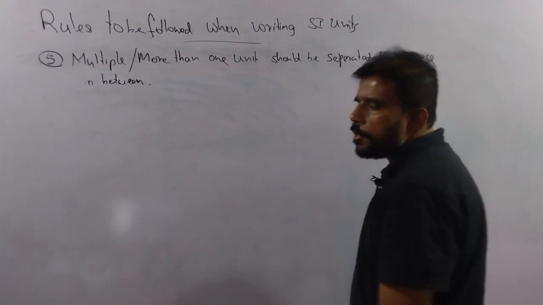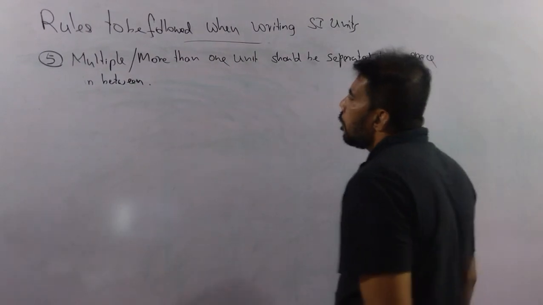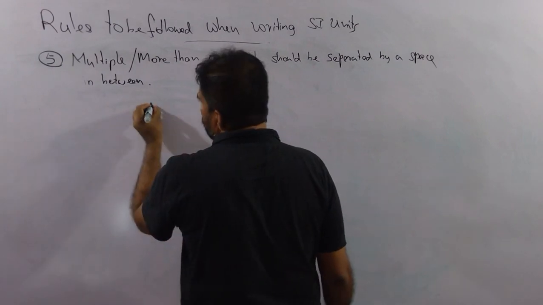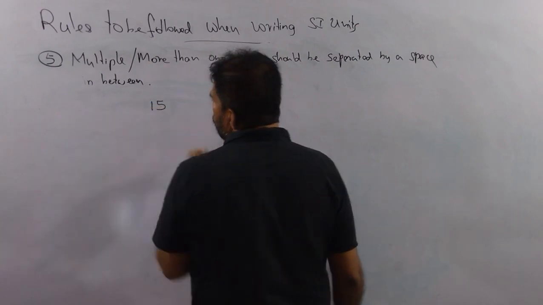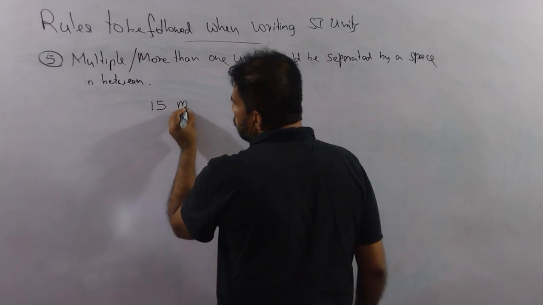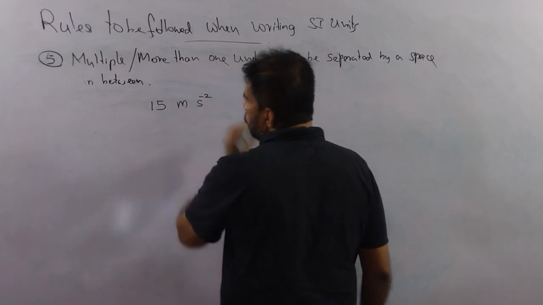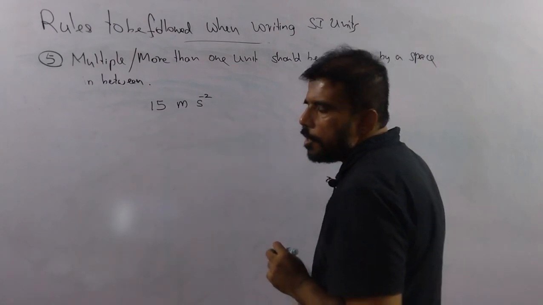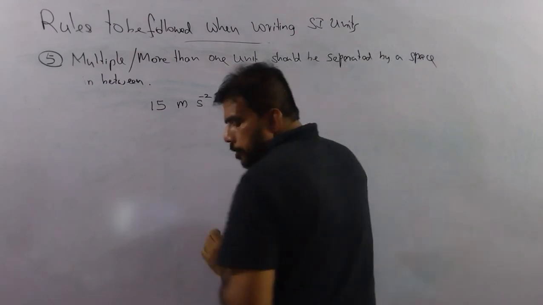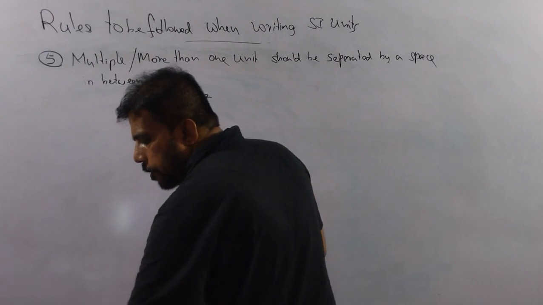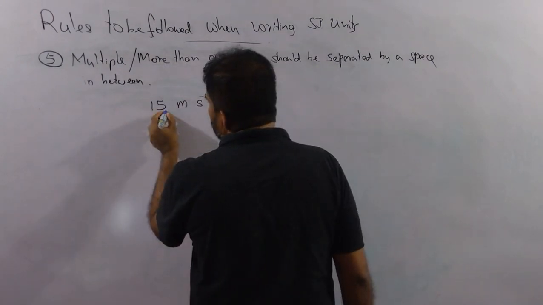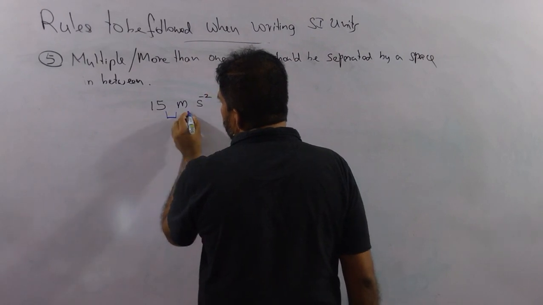What this is saying is, for example, my acceleration is 15 meters per second square. Here, yes, what I have to do is keep a space here and a space here.